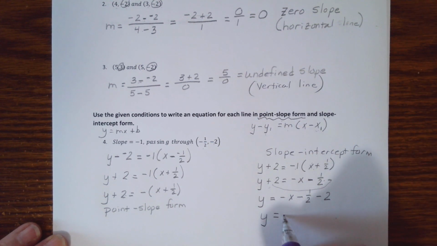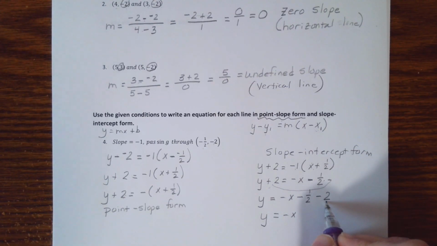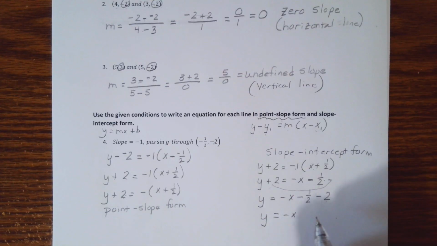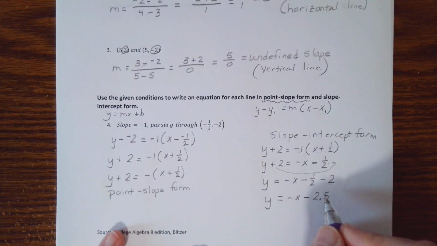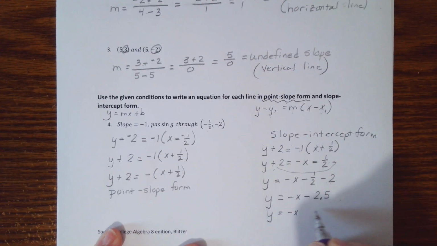y is equal to negative x. Well, negative 1/2 plus negative 2 would give me negative 2.5, but we rarely see that as a decimal, so you could also write it as y is equal to negative x minus 5 over 2.